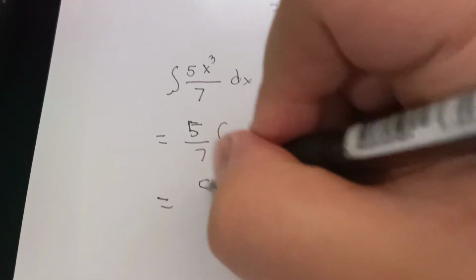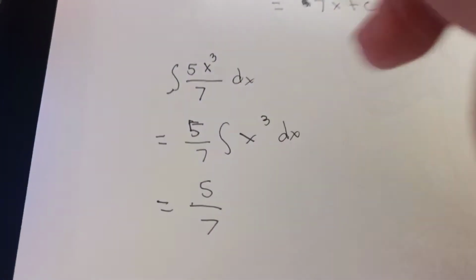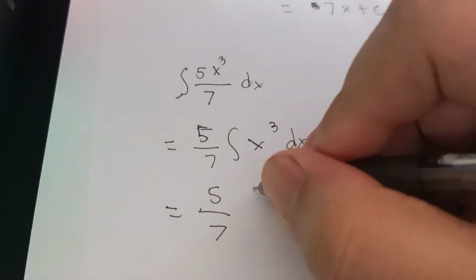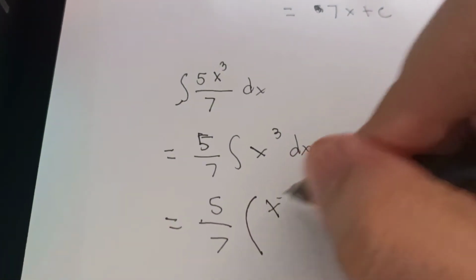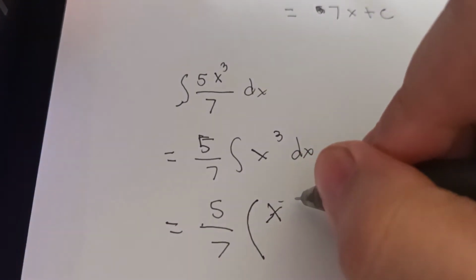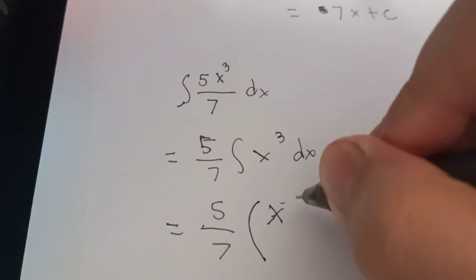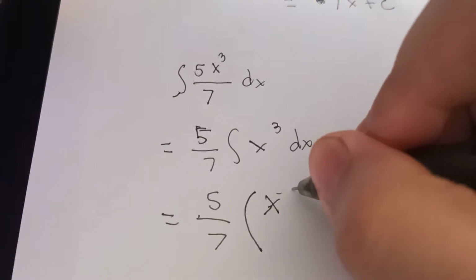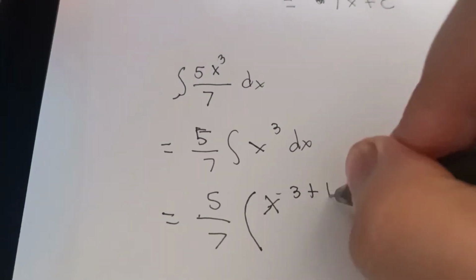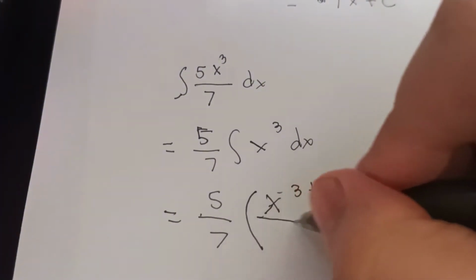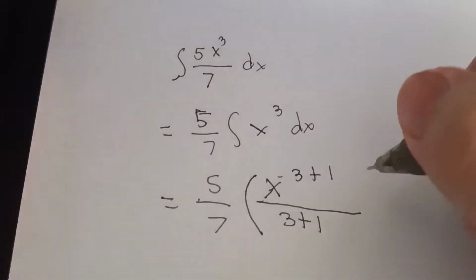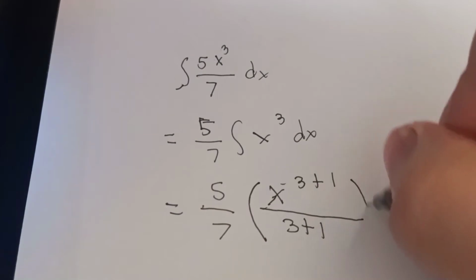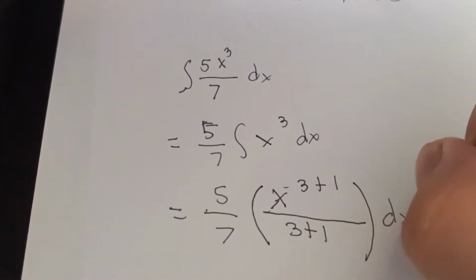Then we bring it down again, 5 over 7, open parenthesis, we add 1 to the exponent and copy it in the denominator. So 3 plus 1 over 3 plus 1, and then close parenthesis, dx.